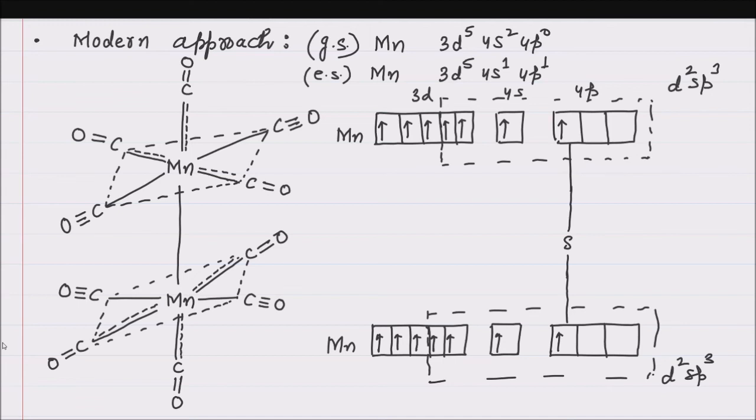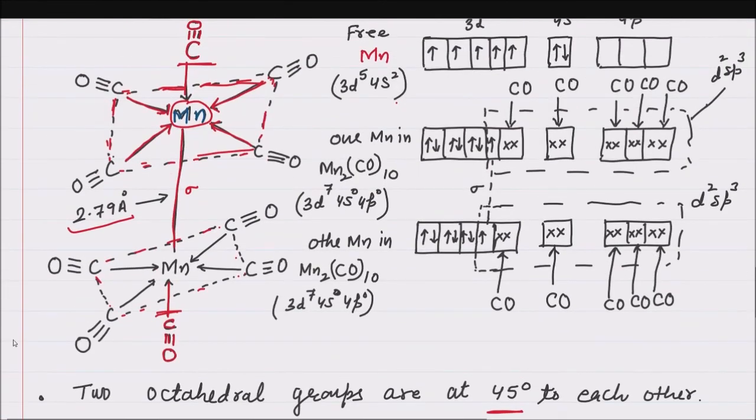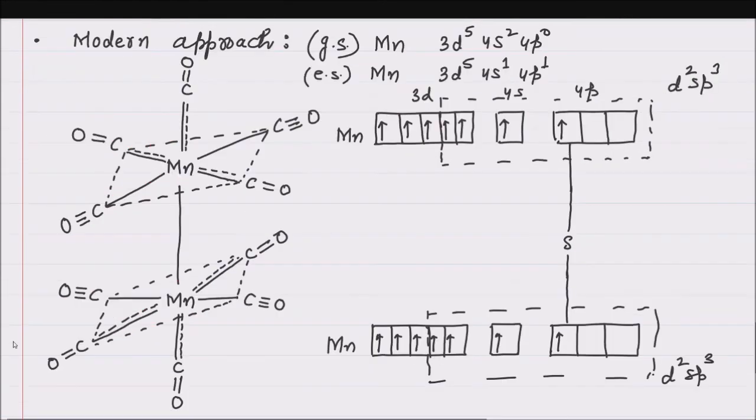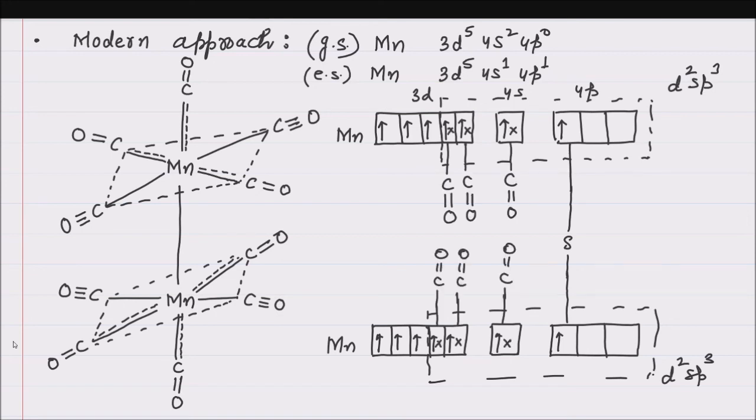Instead of a sigma bond, actually it is a sigma bond, but that sigma bond is called a delta bond when there is an overlap between d orbitals. Okay, so keep in mind. So you can write this one as well, delta bond. Now singly filled d2sp3 hybrid orbitals overlap with the CO group, and form a pi bond with unhybridized d orbitals of manganese.